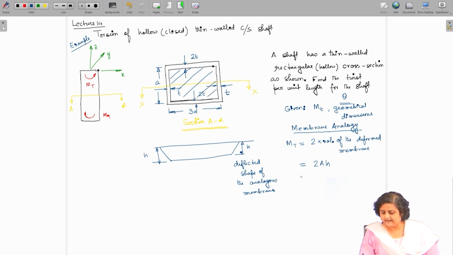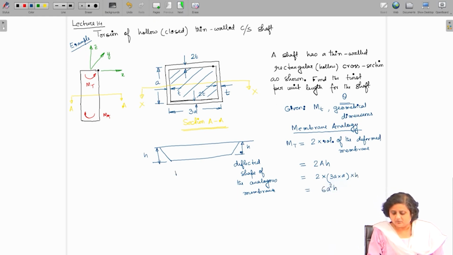In terms of the given parameters, A is 3a cross a, the mean area, into H. Therefore, it can be written as 6a square into H.